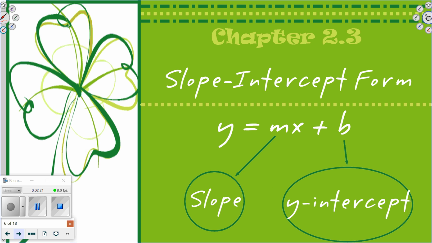So slope-intercept form. The m is your slope. That's your rise over run, whatever number is with x. And the number that's just by itself, not attached to anything, that's your y-intercept, meaning where it crosses the y-axis. Also, this is your starting point.